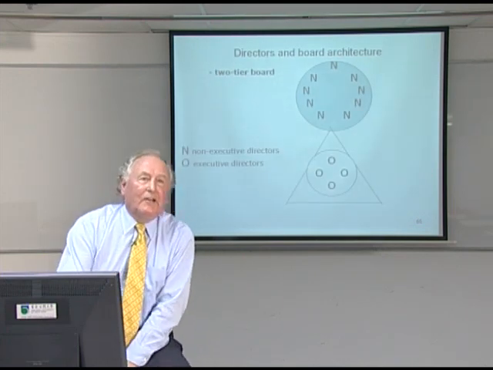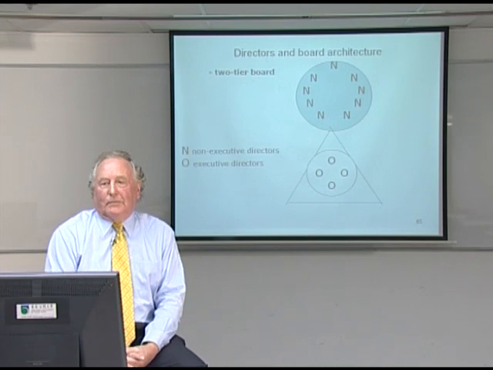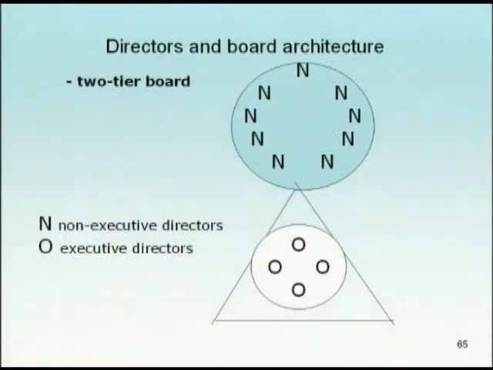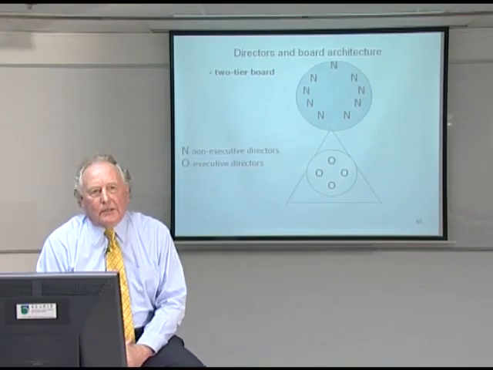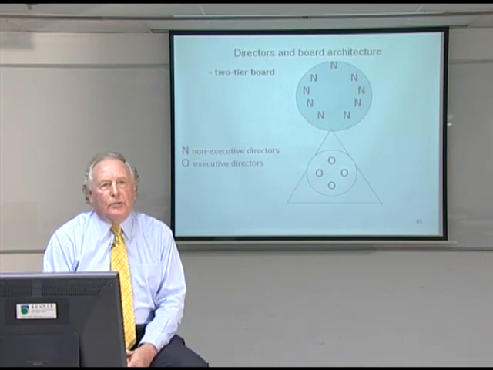Which brings us to the final and obvious board structure in which all the directors are non-executive. This is often referred to as a 2-tier board in which the company is managed by an executive committee, sometimes called a management board, but the governance of the company is in the hands of a group of non-executives. This model has some parallels to the German supervisory board model.